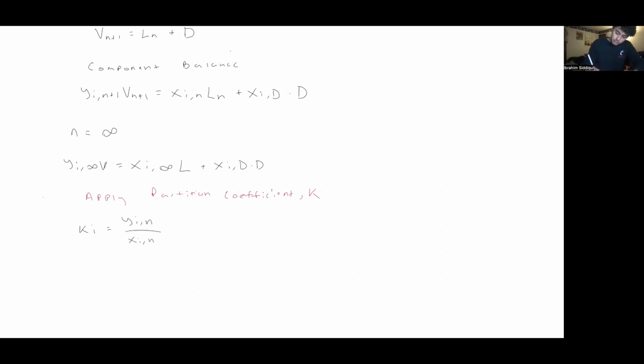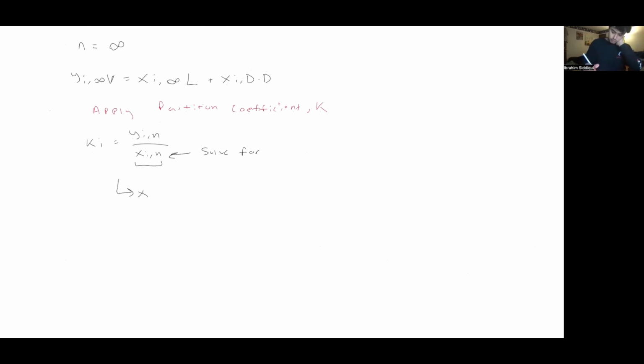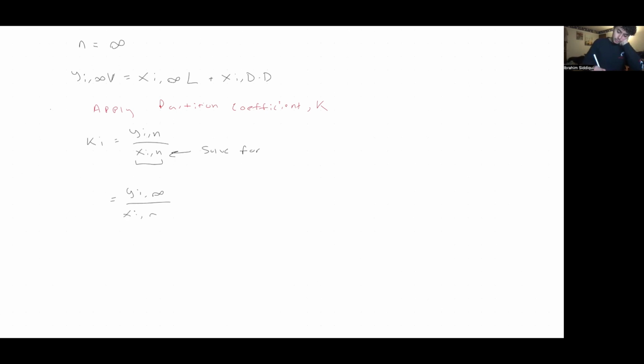And essentially, this is what we want to solve for. So solving for this, we get the, sorry, I messed something up. Okay, let's go ahead and rewrite this in terms of infinity like we did before. And again, we're still solving for this.